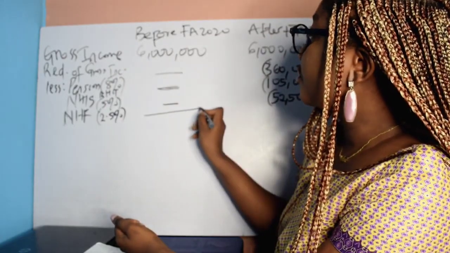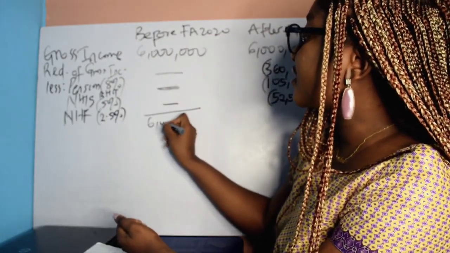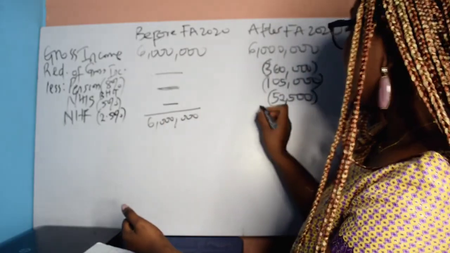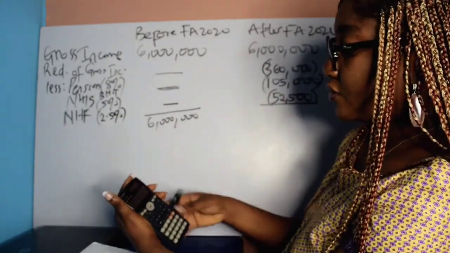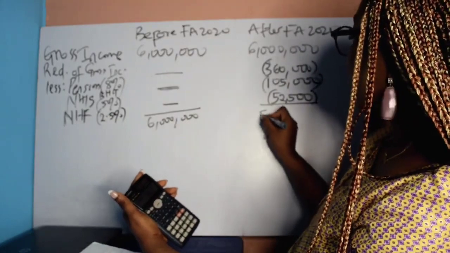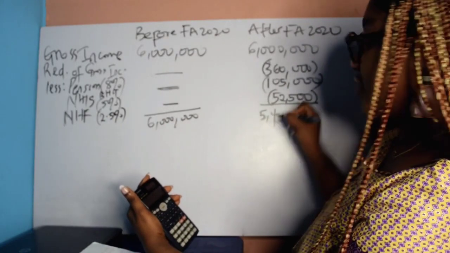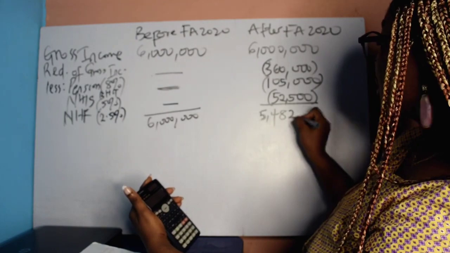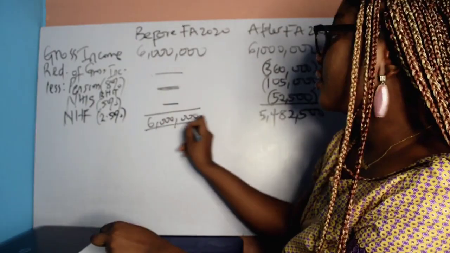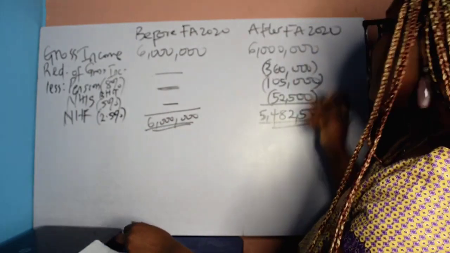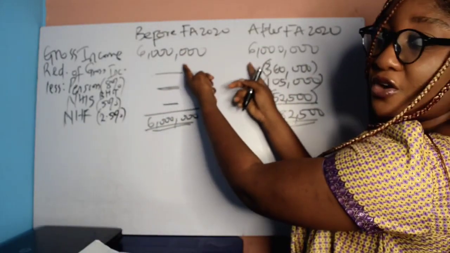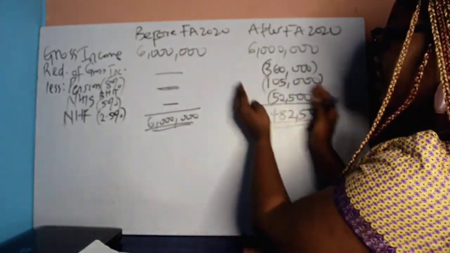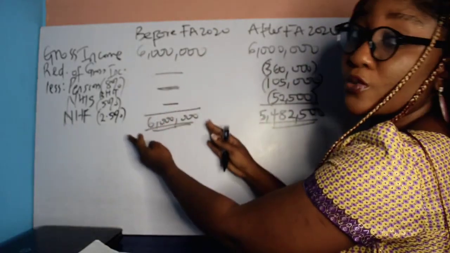By the time you cast this, you have 6 million, and by the time we cast this, let's just do that quickly, we have 5,482,500, and close this, right? So what is this? This is still your salary, this is still your income, but this is the redefined, right? So before Finance Act, this was what was happening.